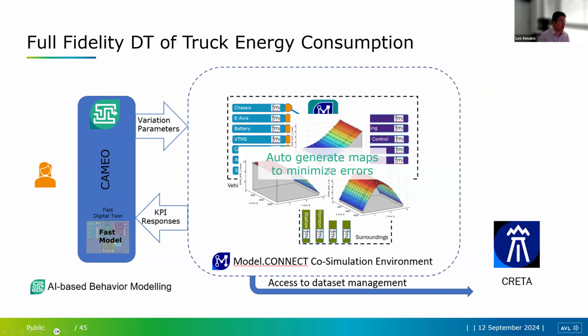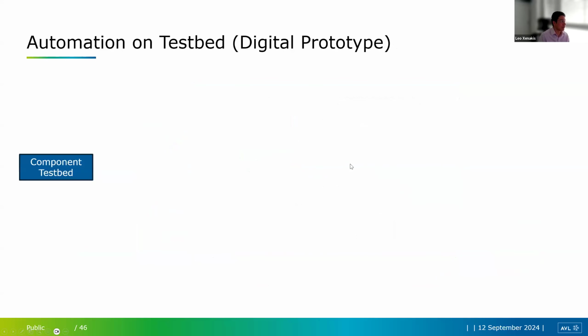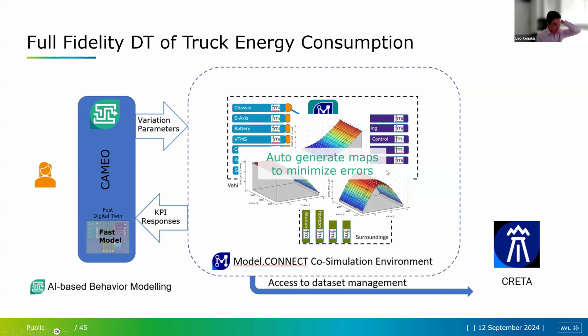One of the things that Cameo is able to do here is to automatically change the map shapes, and use the intelligence that is built in to not just randomly generate maps, but to see which maps are giving the best match for the data that you're trying to match, so that the component parameters match. And when you're close enough, it will automatically stop and say that the maps have been parameterized or calibrated.